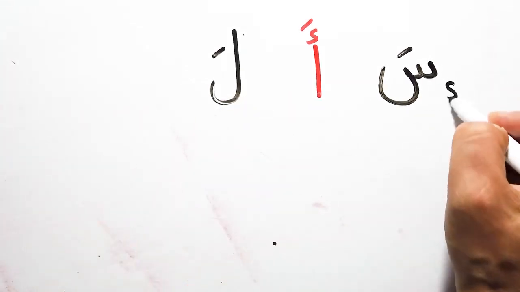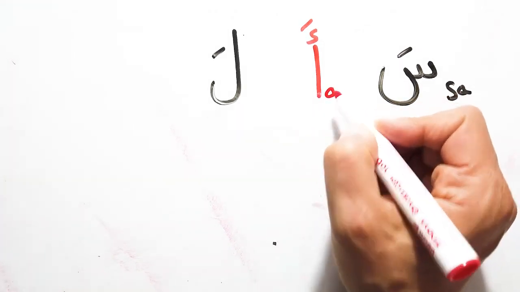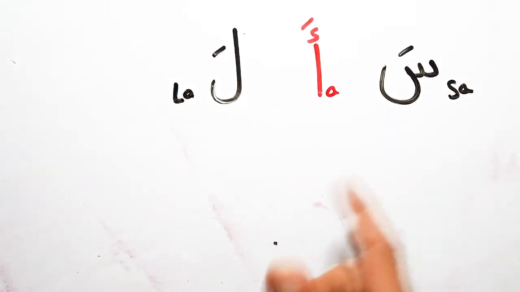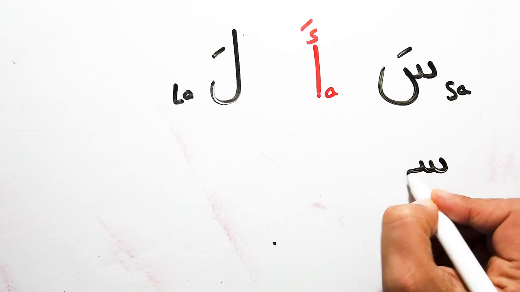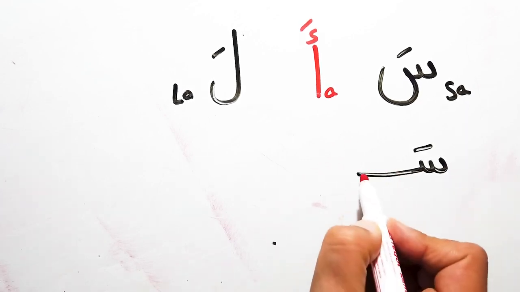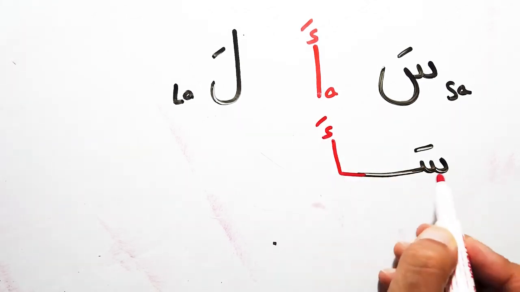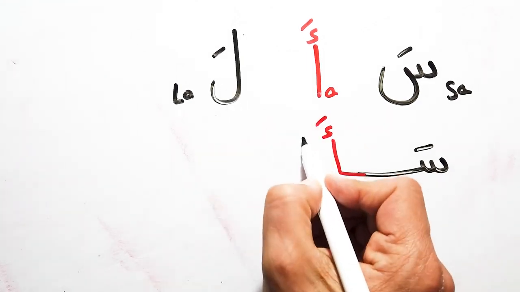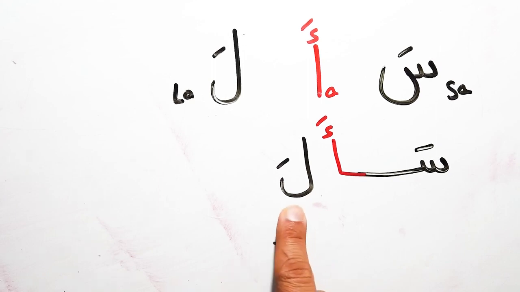Again, that one has the sound of se, and this one has the sound of e, and this one has the sound of le. Let's see se in the beginning of the word. Se, e, se, le. Le in the end of the word.